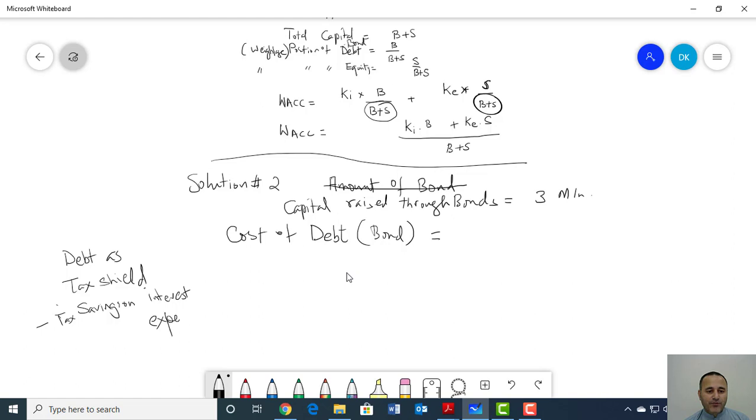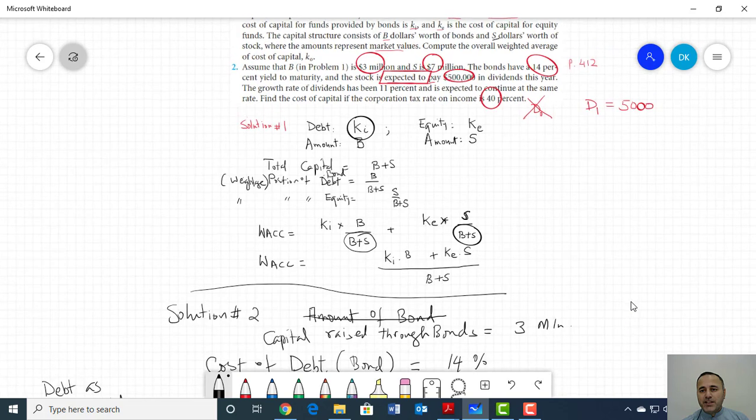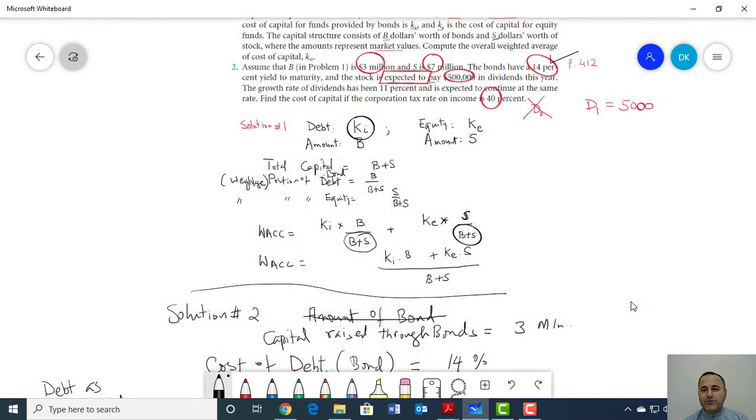Whenever a company pays interest, they do not have to pay taxes on the interest expenses. So that's why companies save some taxes if they pay interest on their debt financing. The cost of debt is given as 14%, which is here. Let me show you from the data. It's right here.